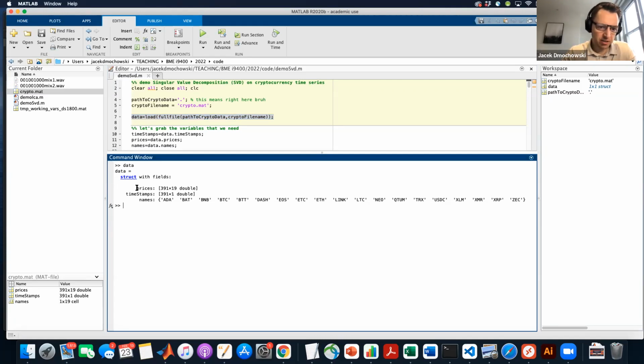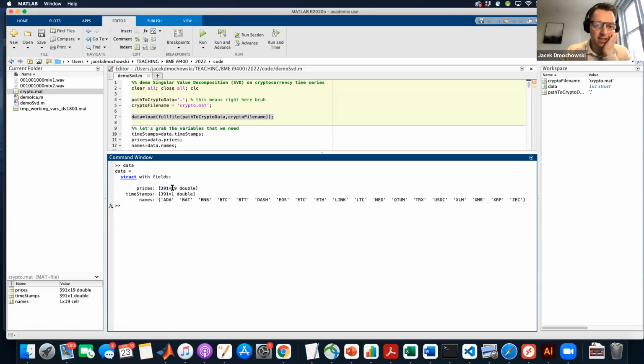The fields of my struct are the prices, which I'm going to plot in a second, the timestamps, and the names of the cryptocurrencies. The 391 dimension is the time dimension. We're looking at prices of these currencies over 391 timestamps, which I believe are 12 hours apart.